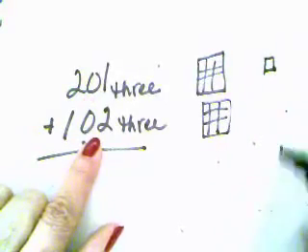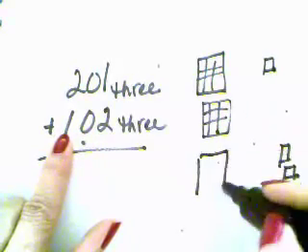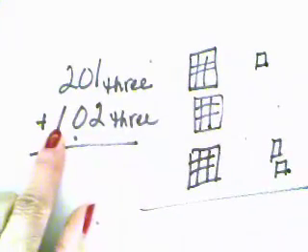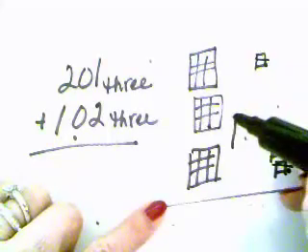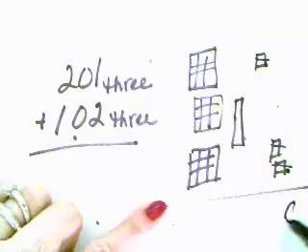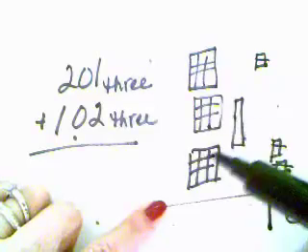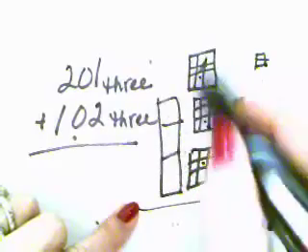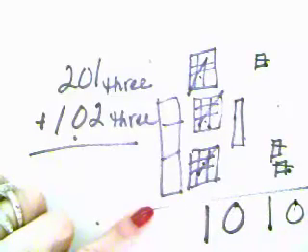I have 2 units, I have no longs, and I have 1 flat. And now I'll regroup. I know that 3 units makes a long, so I have no units left over, but I have 1 long. I know that 3 flats makes a long flat, so I have no flats, and I have 1 long flat, and that's base 3.